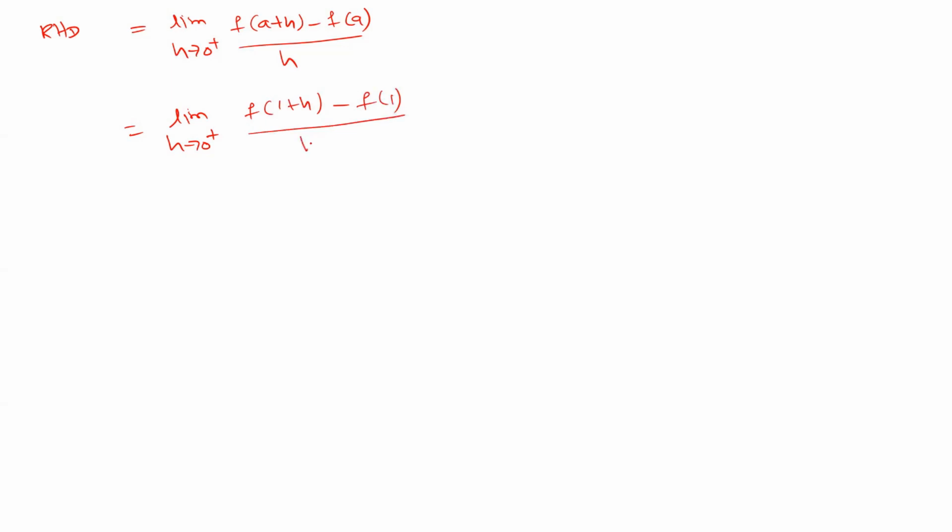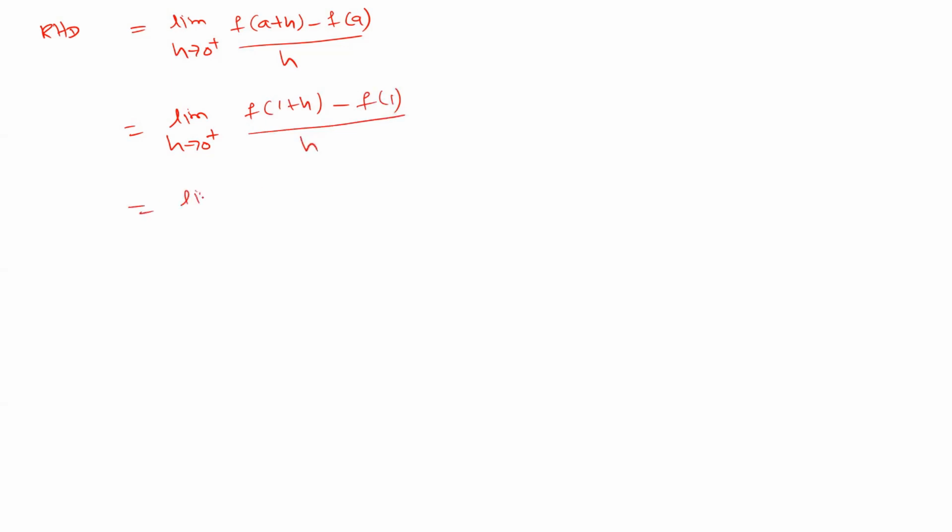So RHD is limit h tends to 0 plus. We take f of a plus h minus f of a divided by h. So limit h tends to 0 plus, f of a plus h is nothing but f of 1 plus h, minus f of a is nothing but f of 1, divided by h.